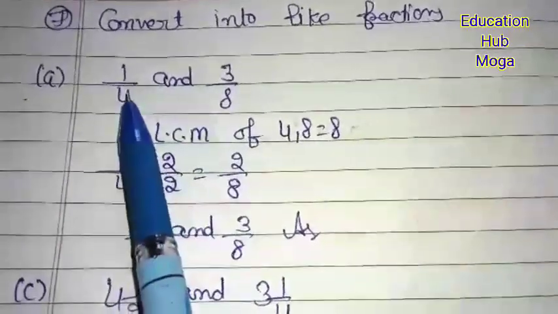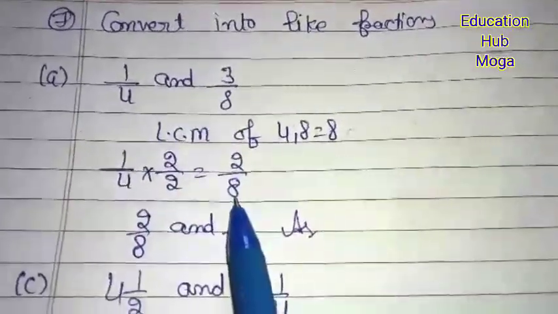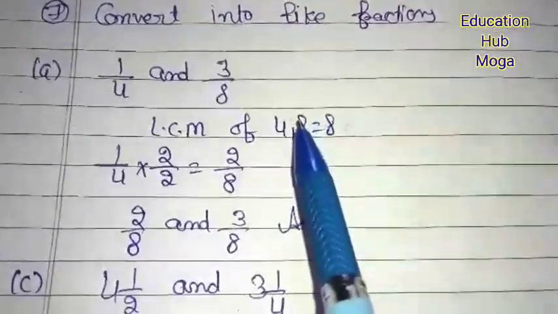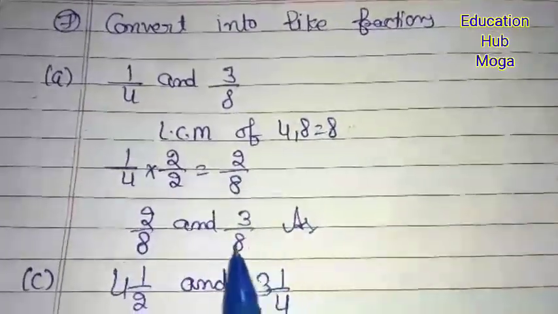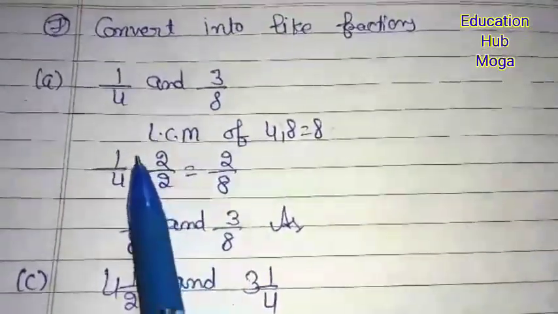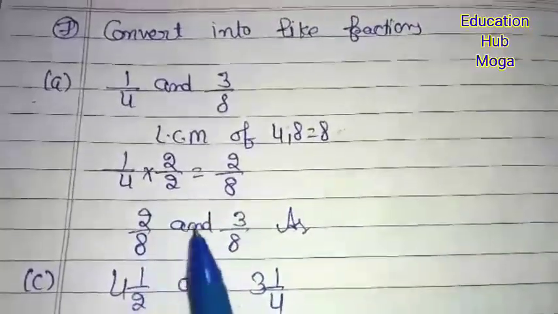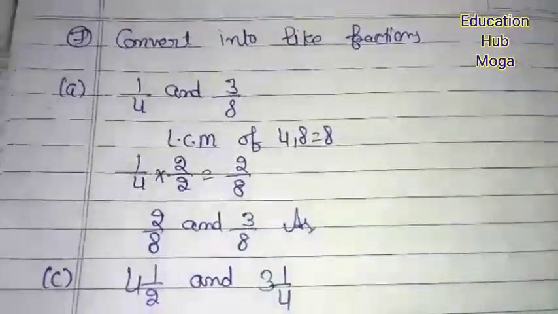So we convert 1 by 4 by multiplying with 2, and the denominator is 8. Like fractions are those which have the same denominator. So 1 by 4 becomes 2 by 8, and the other is 3 by 8.